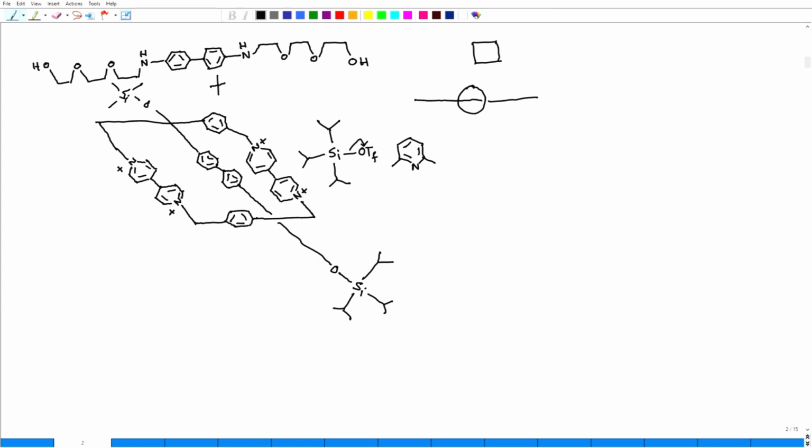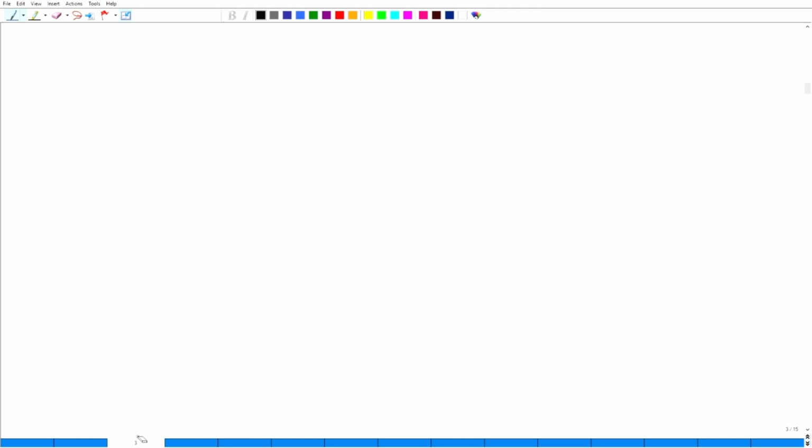Okay, so now that I have talked to you in some detail about the synthesis of these rotaxanes, that was first pseudo-rotaxane and then rotaxane, and they can be crystallized also as PF6 salt.